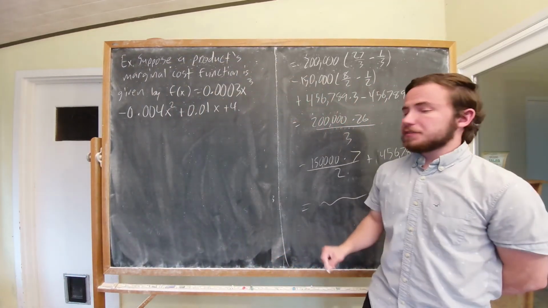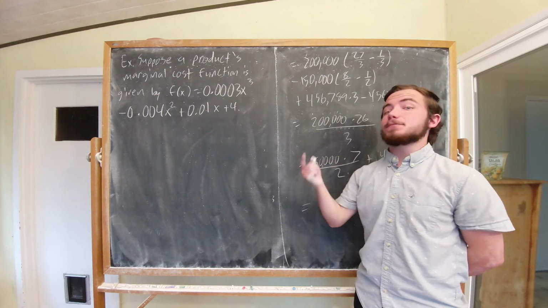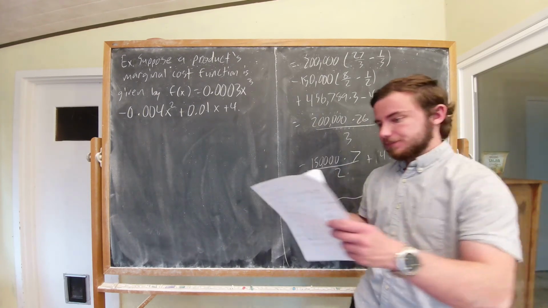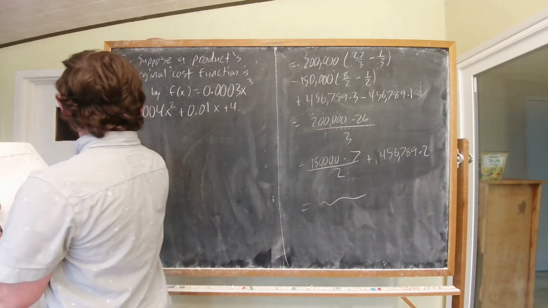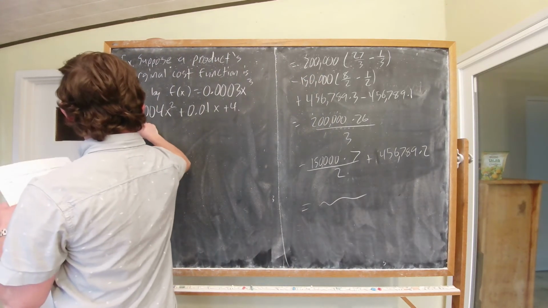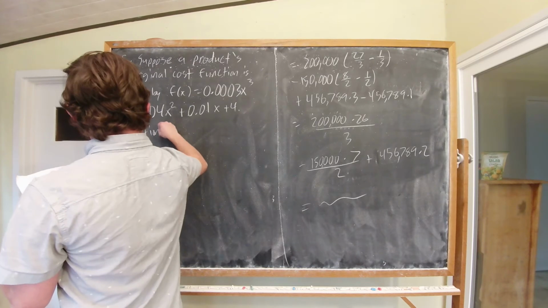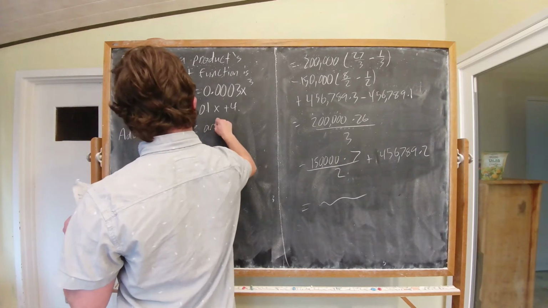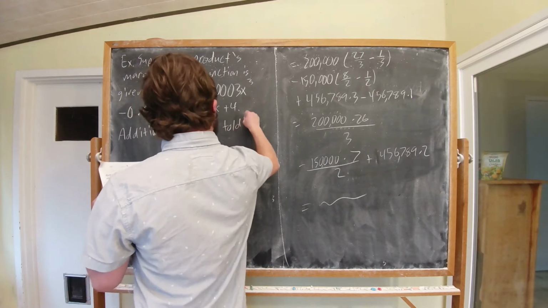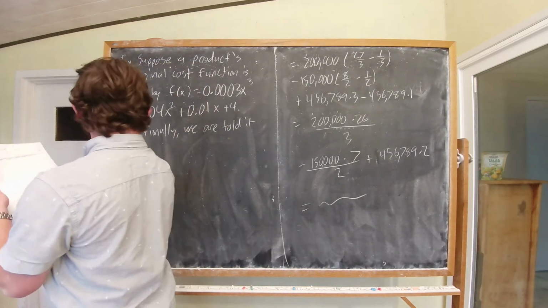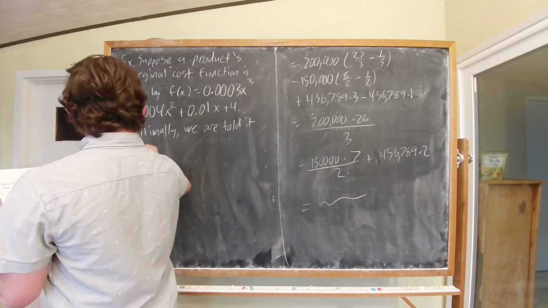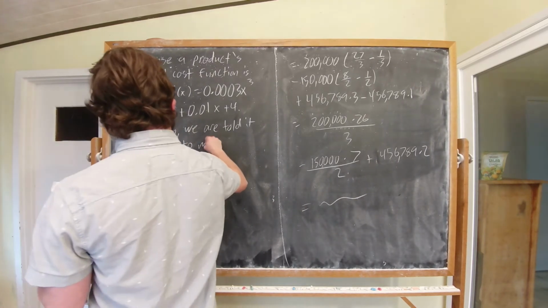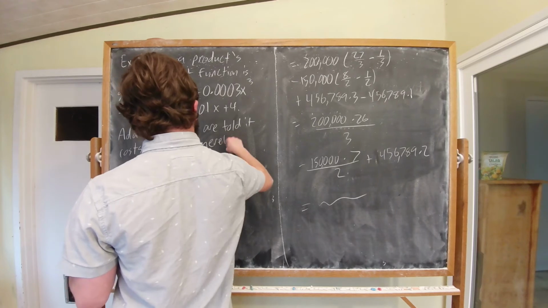Okay, so that's your marginal cost function. The cost to produce the x plus first unit is that. Additionally, we are told it costs $200 to merely keep the factory running.